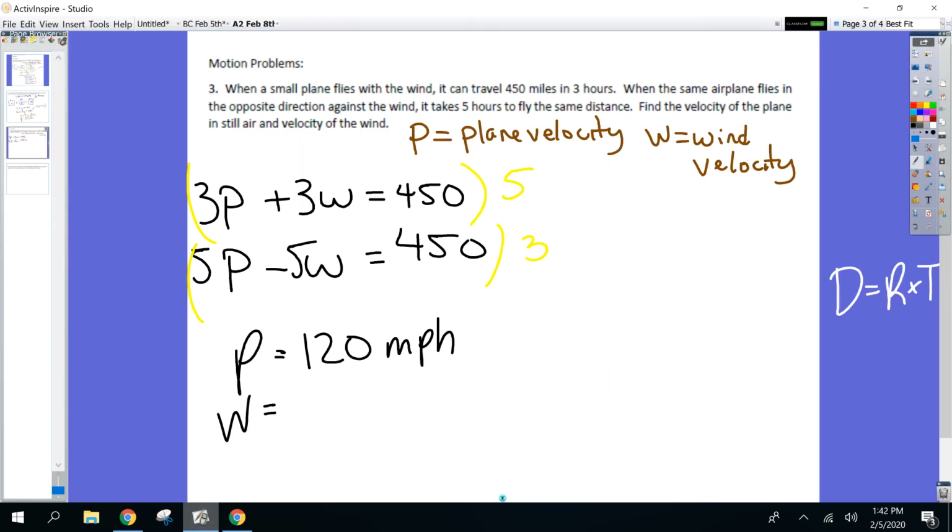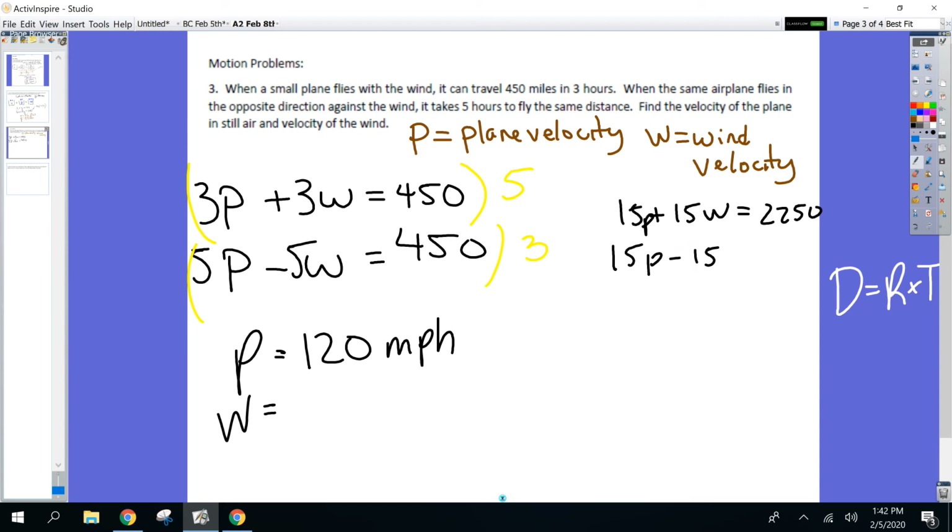I must have done something wrong. Did you multiply by 5 and 3? Yeah. Okay, so 15p plus 15w is equal to 2250. Another 15. 150.